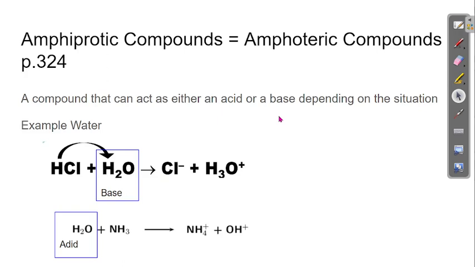So basically who they are paired with. If the water is better at attracting those hydrogen ions, it'll act as a base. If the other one is better at taking those hydrogen ions, water will act as an acid. It just depends on who it's paired with.